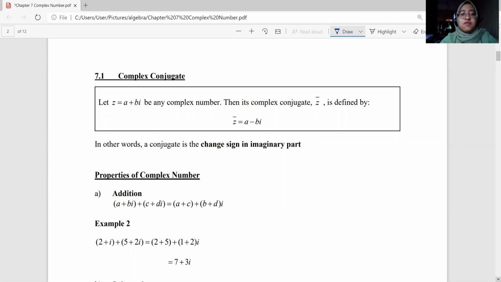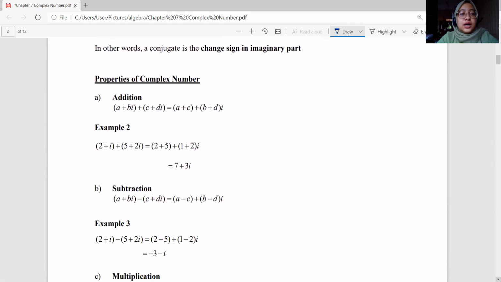Properties of complex numbers. The first one is addition: A plus BI plus C plus DI is equal to A plus C plus B plus D times I. This is a complex number, and we add it with another complex number.